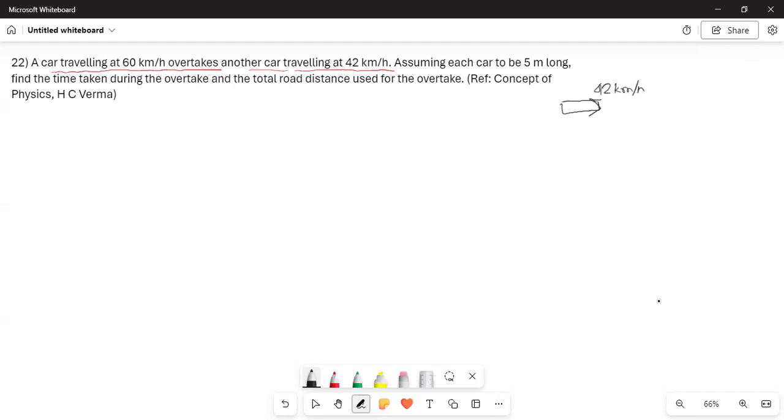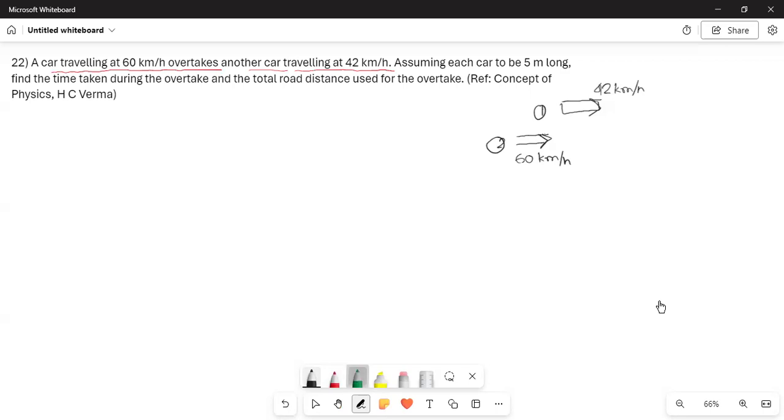There is another car behind it, traveling at 60 kilometers per hour. Say this is the number 2 car, and the number 2 car overtakes the number 1 car.